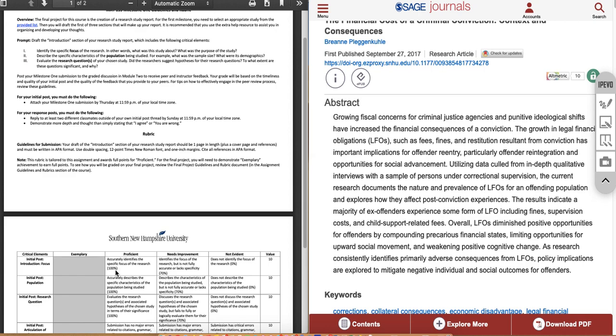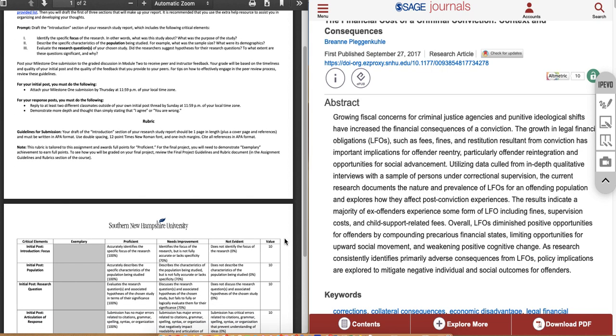And the difference between that and needs improvement is that you're identifying the focus of the research, but not fully accurately, or you lack specificity. And so you want to make sure that that is done properly.